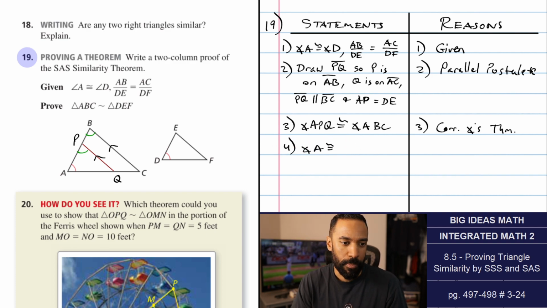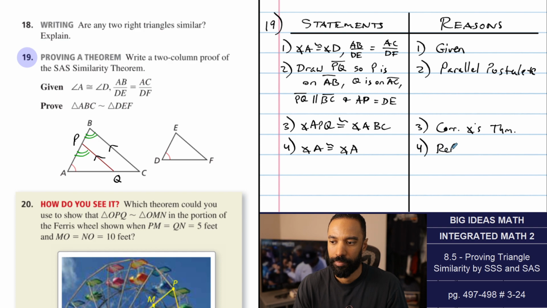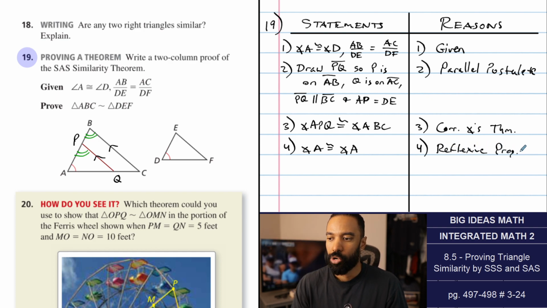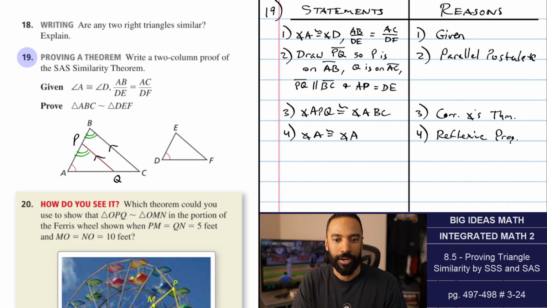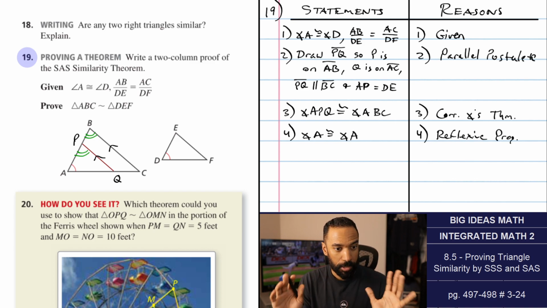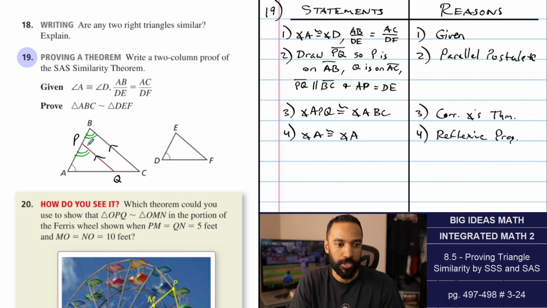Angle A is congruent to itself by the reflexive property. Let me do two marks for these because I don't want to say it's congruent to the one that's already marked. So what I'm building up here is an angle-angle similarity. I have two triangles that are similar now, APQ and ABC.